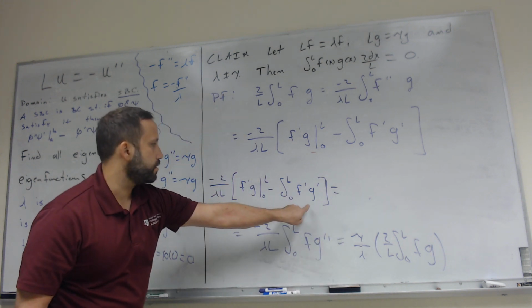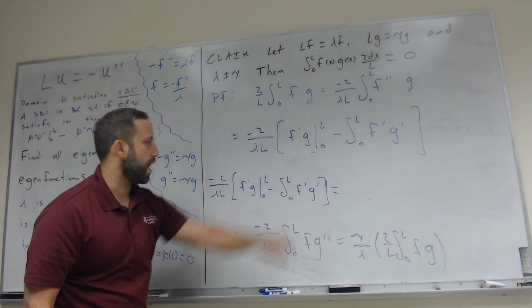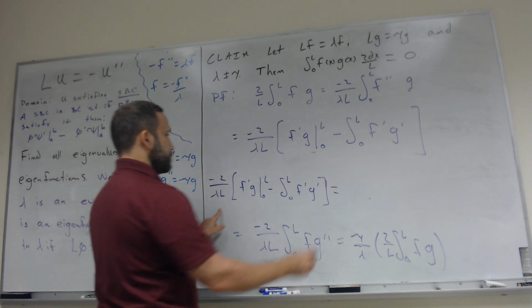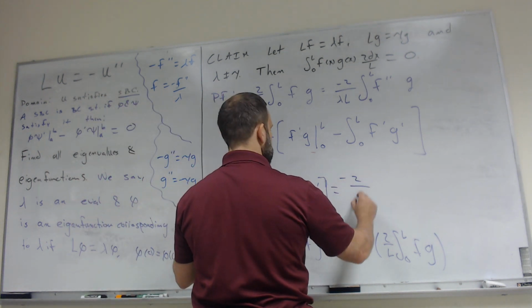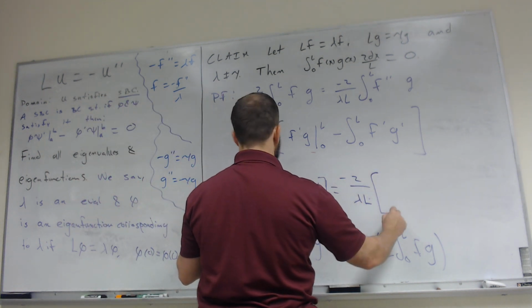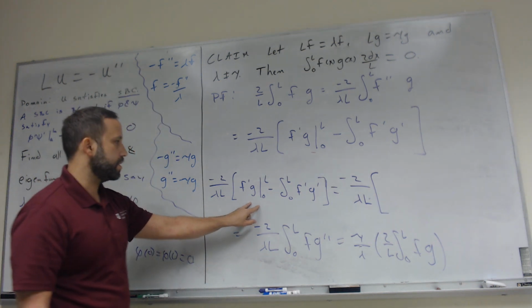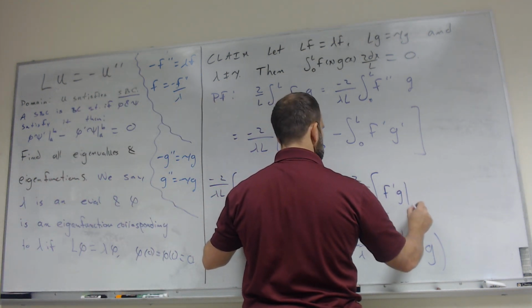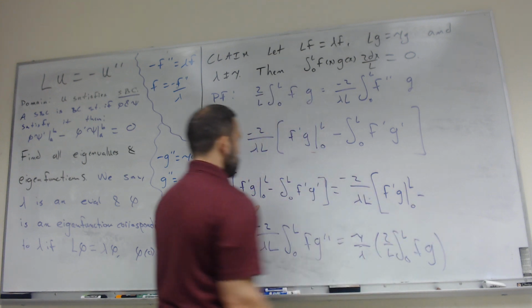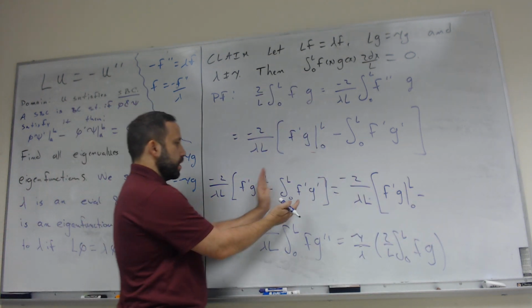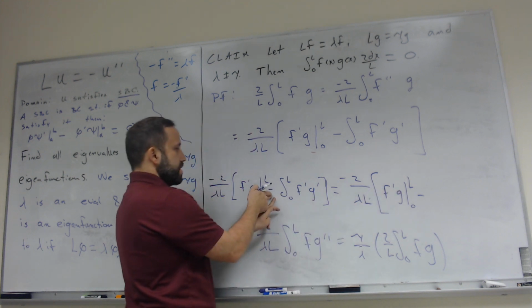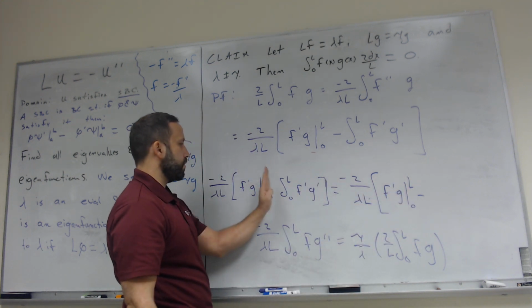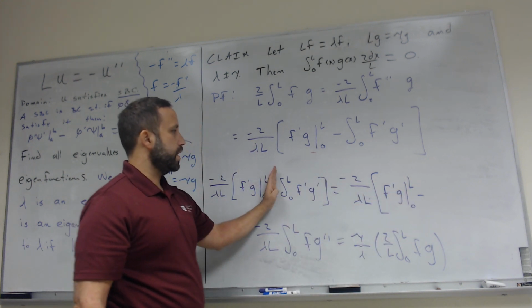Okay, so now what I'm going to do is I'm going to do integration by parts here again and move the F prime to the G prime. And so I'm going to have my minus 2 over lambda L on the outside. This is still going to be there. So this is F prime G going from 0 to L minus, okay, so now I'm going to forget about, I wrote the minus sign. That minus sign is that minus sign. So forget about that minus sign and just work with the integral.